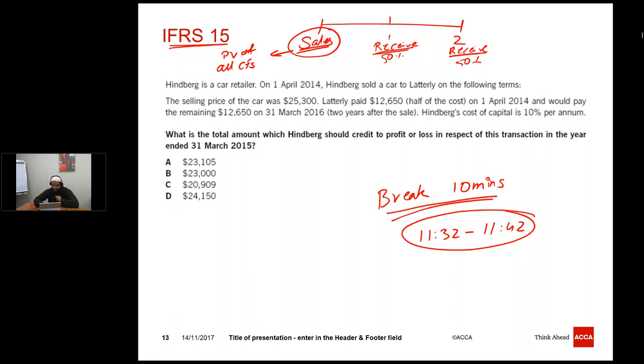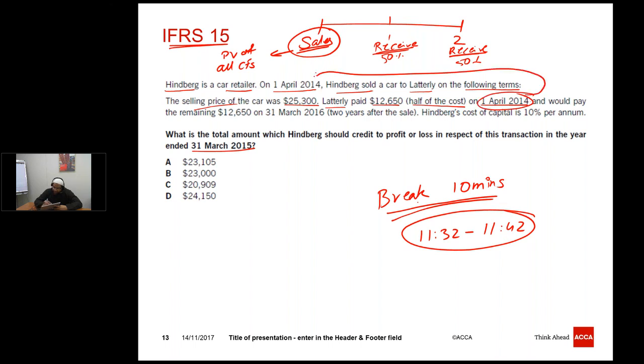Okay, everyone, let's continue after the break. The question says that Hindenburg is a car retailer. On 1st April 2014, which was the start of the year, Hindenburg sold a car to Latry on the following terms. The selling price of the car was 25300 and the customer paid 12,650, half of the cost, on the same date.